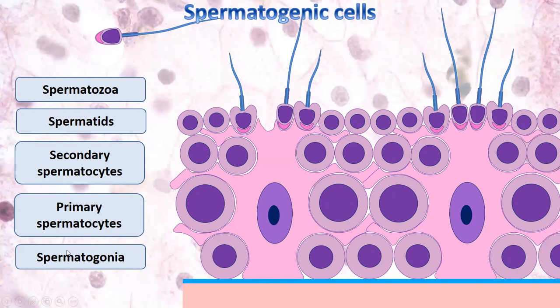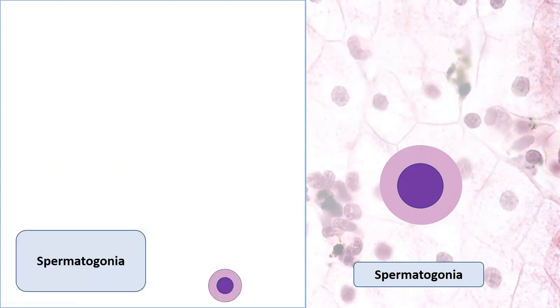So let's look at how all those cells become each other. The first cell, which is the progenitor or stem cell of the spermatogenic epithelium, is the spermatogonia. This is a diploid cell, and it undergoes several mitotic divisions.